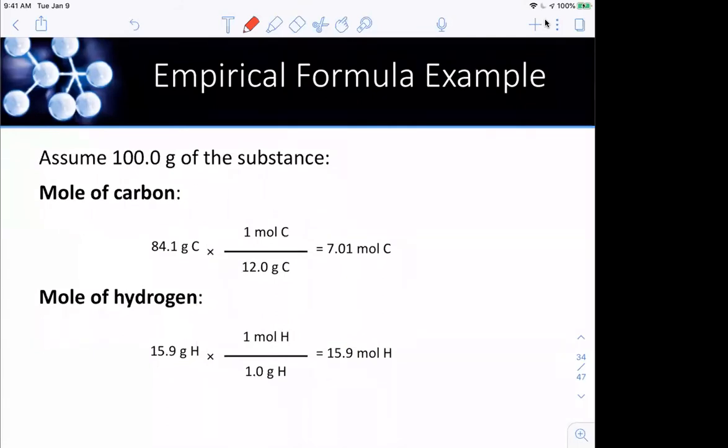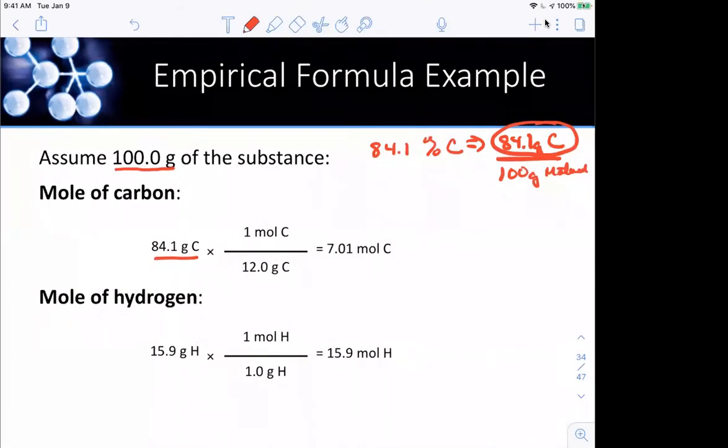If I have the percent mass, I'm going to assume 100 grams of material. So if I have 84.1% carbon, if I assume 100 grams, that means I have 84.1 grams of carbon for every 100 grams of material. So this gives me the amount of carbon that I'm going to start with.